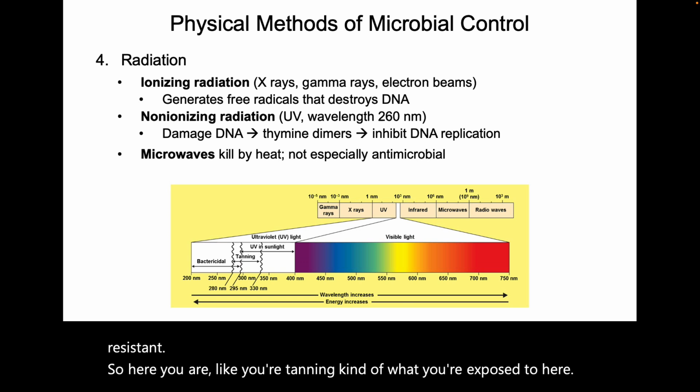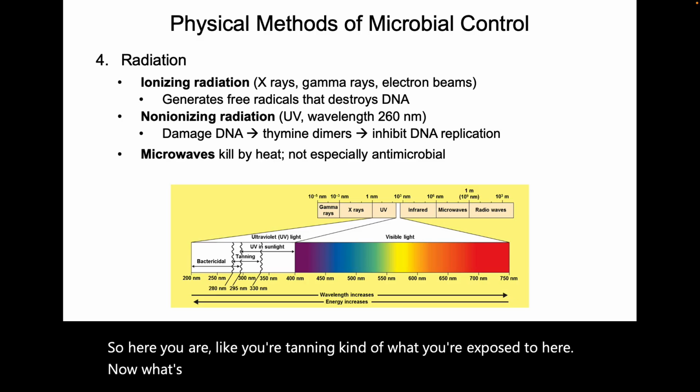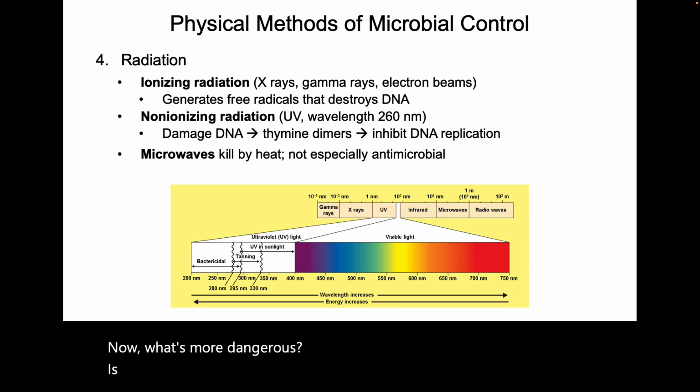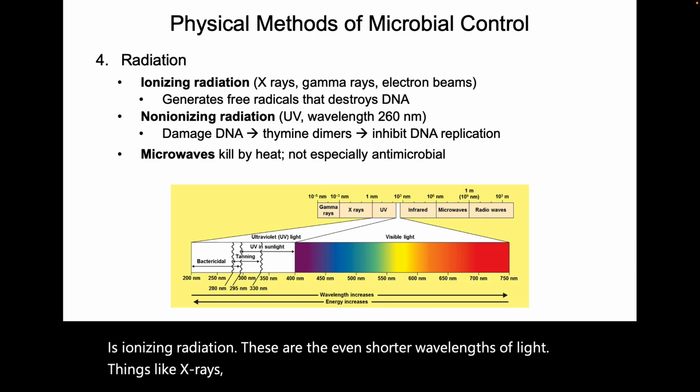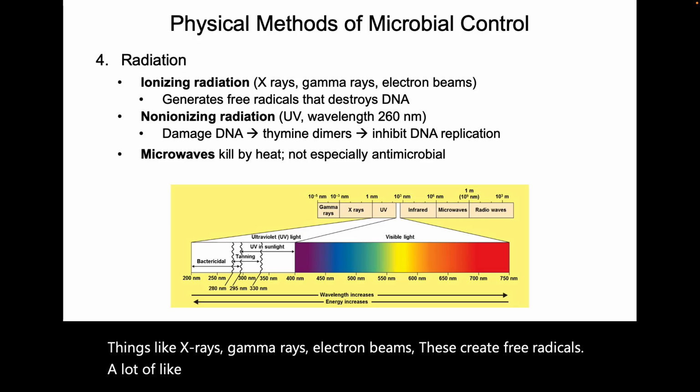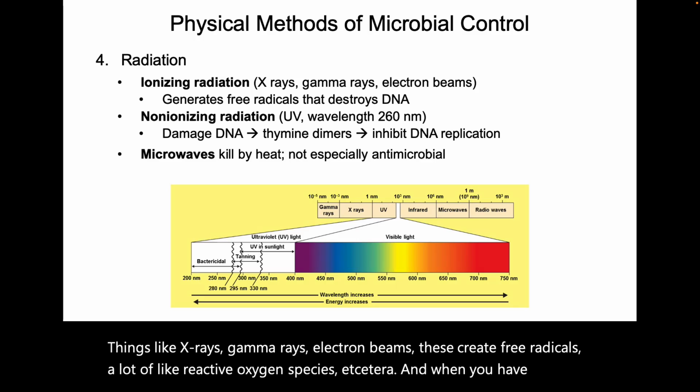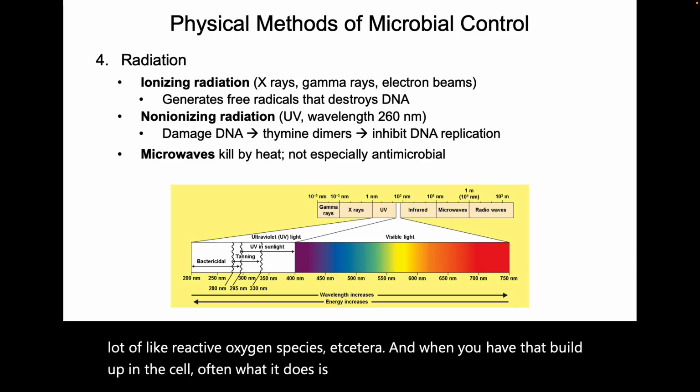Now, what's more dangerous is ionizing radiation. These are the even shorter wavelengths of light, things like X-rays, gamma rays, electron beams. These create free radicals, a lot of reactive oxygen species, etc. And when you have that build up in the cell, often what it does is it causes double-stranded breaks in the DNA.